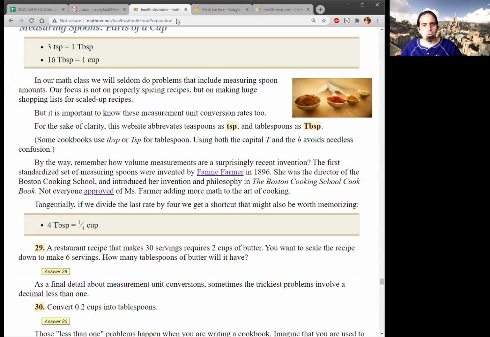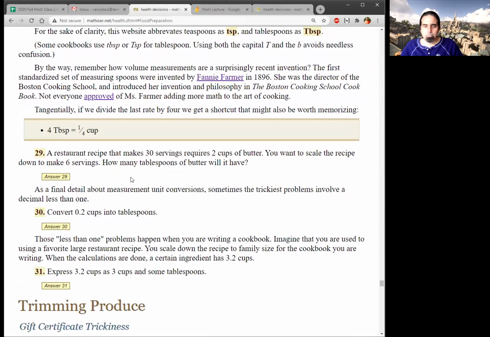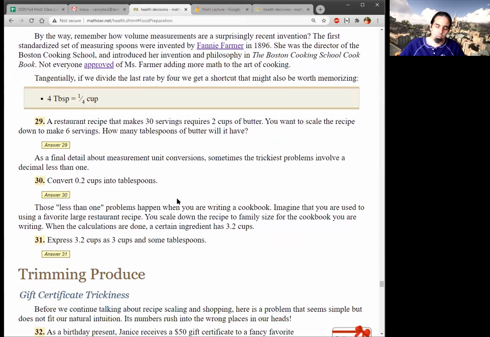Okay, back to our lecture. If we take a portion of cups and turn it into tablespoons, what happens?